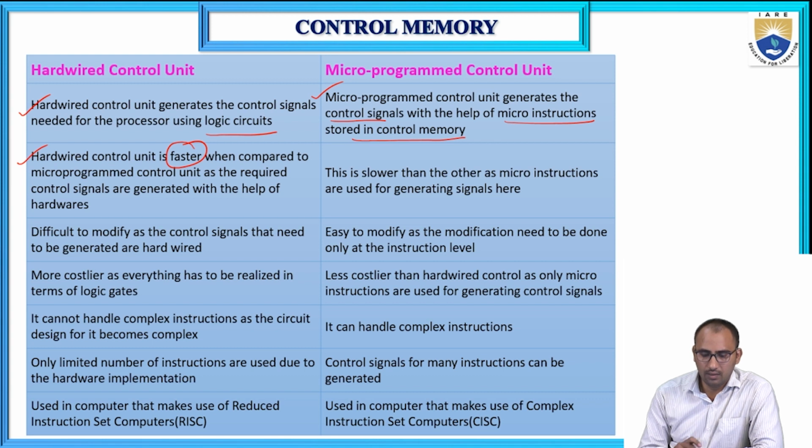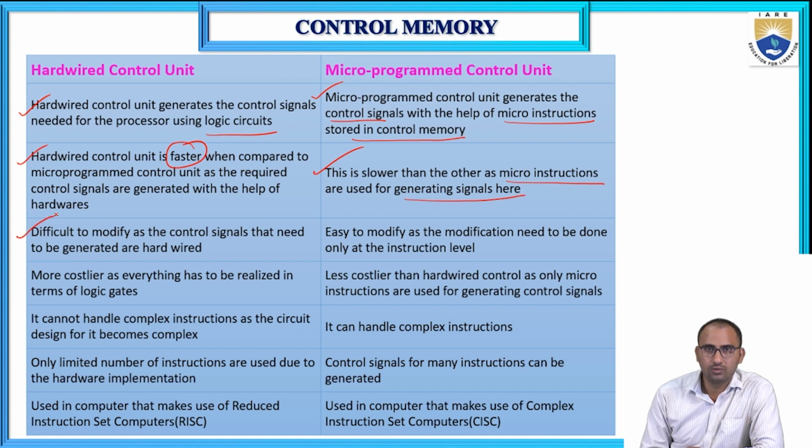The present output depends only on the present input, and it does not depend upon the previous output. That's why hardware control units are faster. Microprogrammed control units are slower, because micro instructions are used for generating signals.